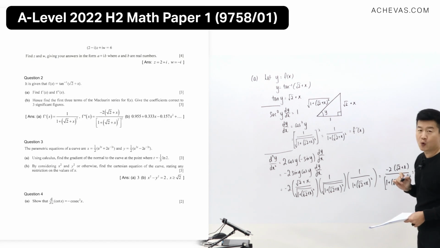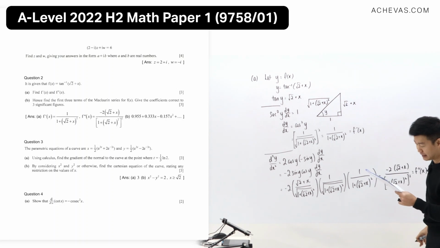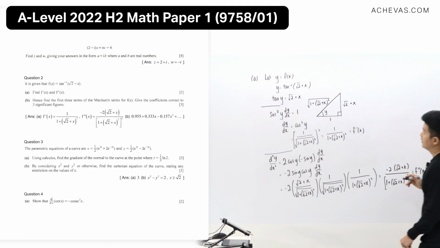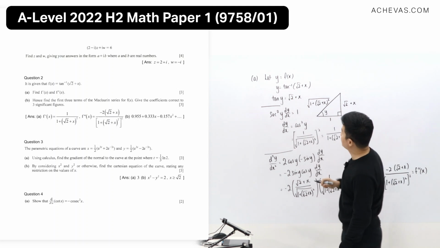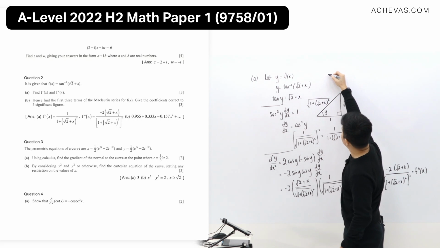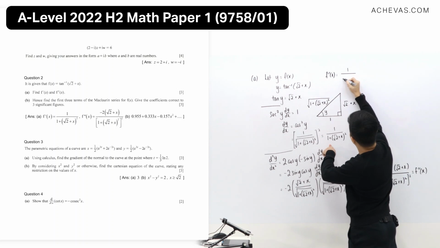Let's move on to B, and please allow me to just clean what I have on the board. It's really getting a little bit crowded here. So this is f prime prime x, this is f prime x. Let me just rewrite it here first. So we have our fx to be this, and f prime x is 1 over 1 plus square root of 2 plus x squared.